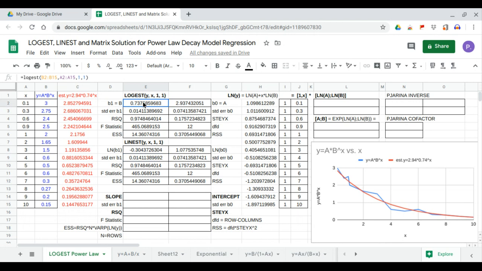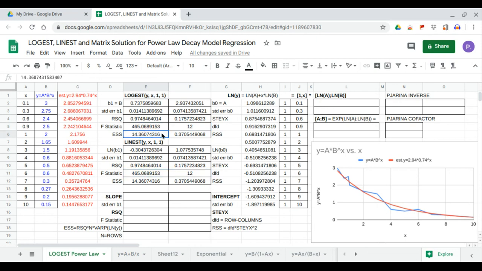Our coefficients are different, but our standard error values of the coefficients are the same. R square and sey are the same. F statistics and degrees of freedom are the same.